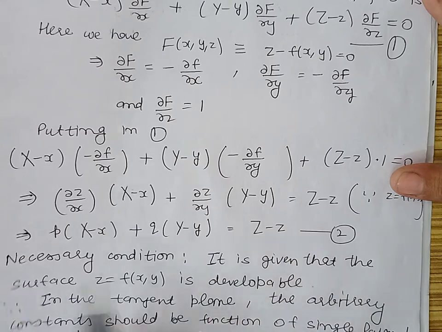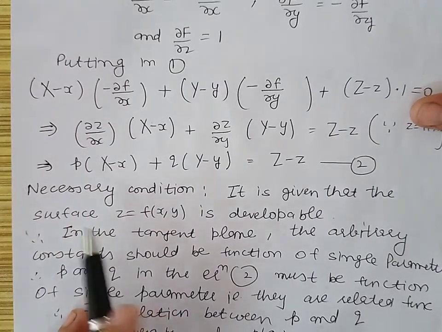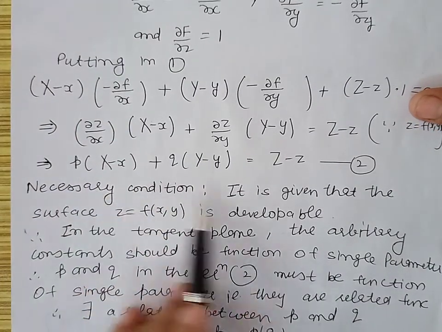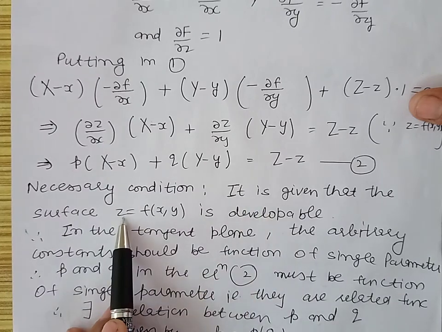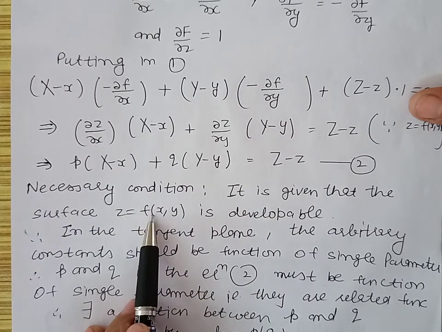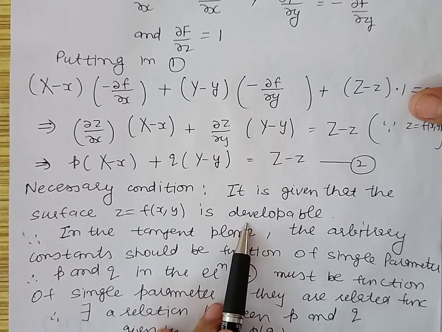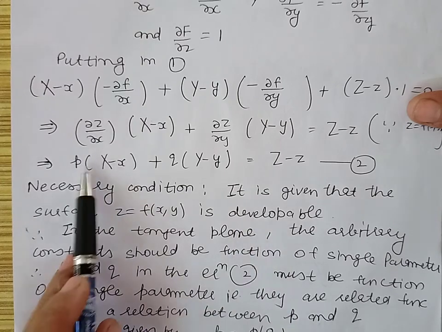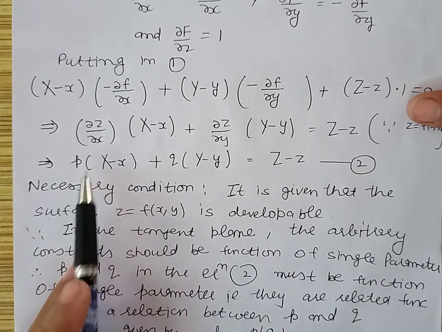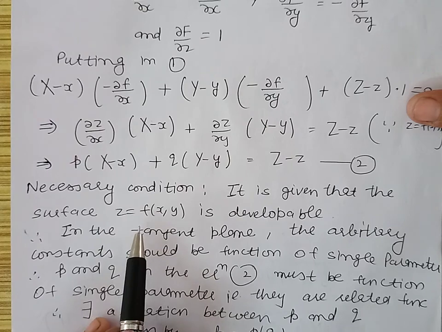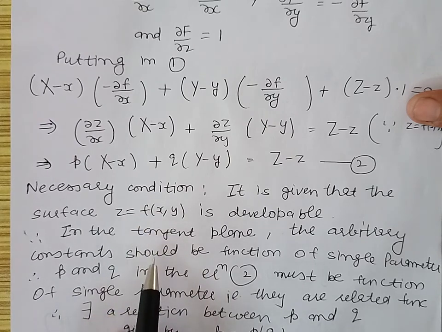Now let us derive the necessary condition. In the necessary condition we are given that the Monge surface z equal to a function of x, y is a developable surface. Because the surface is developable, the arbitrary constants in this equation of the tangent plane should be a function of a single parameter.